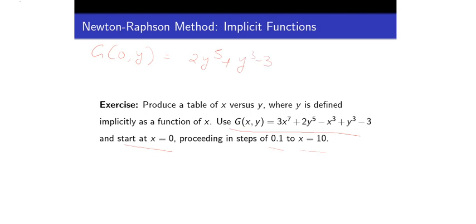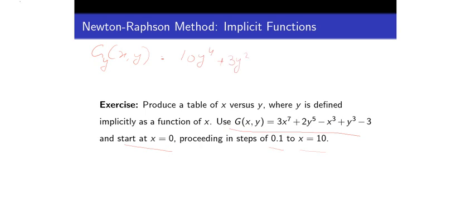In general, g of x comma y is given, so I require g_y of x comma y, the partial derivative with respect to y, which is 10y to the power 4 plus 3y square.